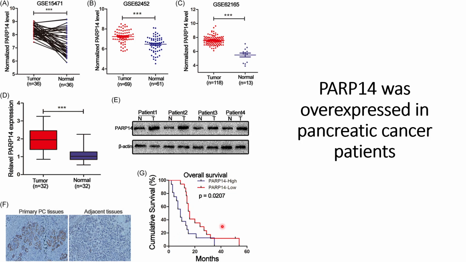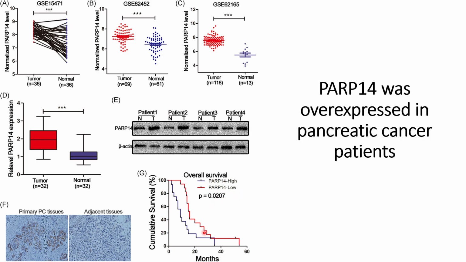So this final cumulative survival analysis indicates that PARP14 is directly related to the survival rate. That is, when PARP14 expression is high, the survival rates are low, and when PARP14 expression is low, the survival rates are high.